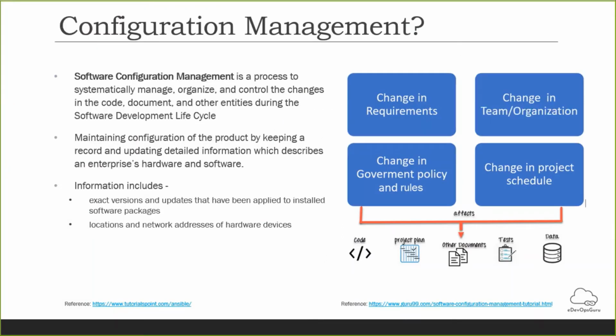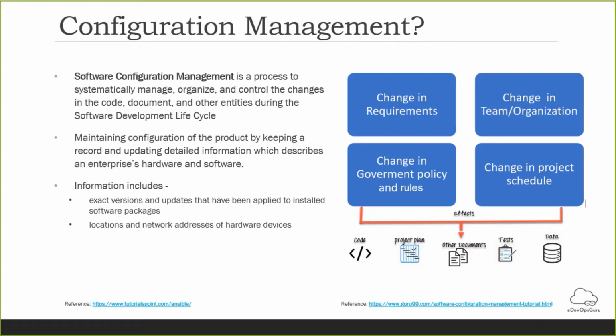So before moving into Ansible, just have a basic understanding of what is configuration management. Configuration management from a software point of view is a process to systematically manage, organize, and control the changes in the code, document, and other entities during the software development lifecycle. From Ansible's point of view, that is maintaining configuration of the product by keeping a record and updating detailed information which describes an enterprise's hardware and software.